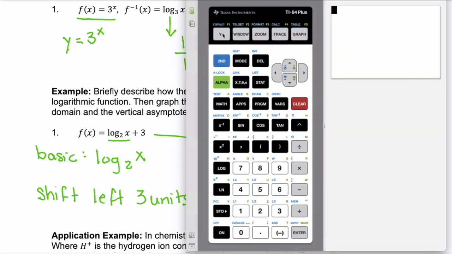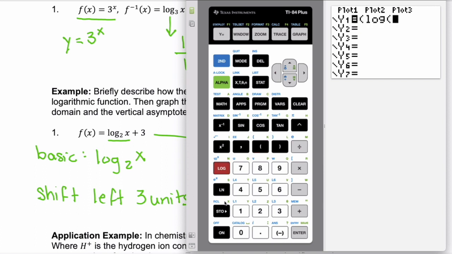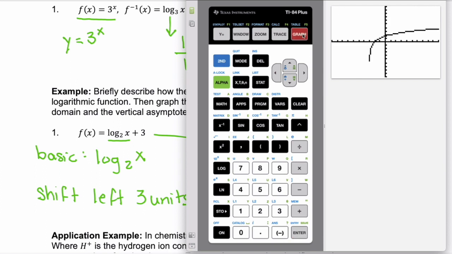We're going to go to the y equals. We want to enter the log of x plus 3 in our numerator, divided by the log of 2 in the denominator. We'll hit enter, and then we can hit graph in order to graph that function.